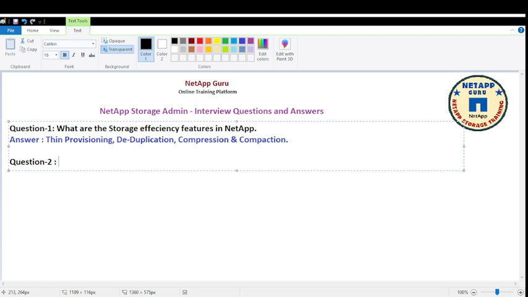Okay. Next question is, what is a snapshot in NetApp?